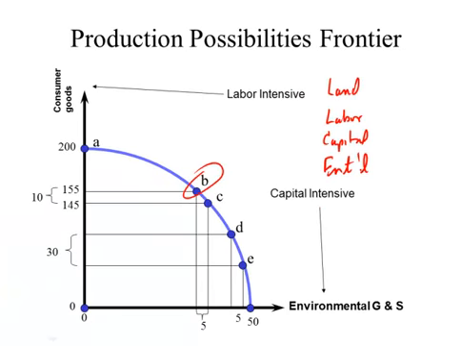Let's suppose that consumer goods use labor a little bit more intensively, a little bit more productively, so that a lot of the labor, not all of it, is over there producing consumer goods.